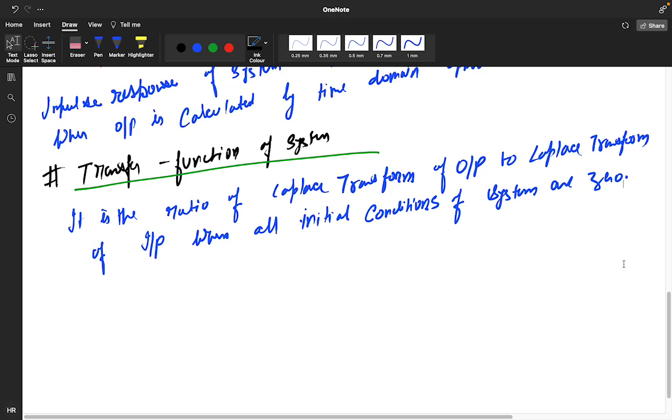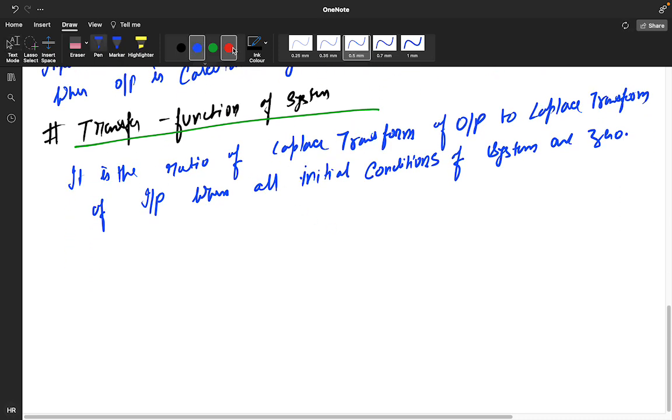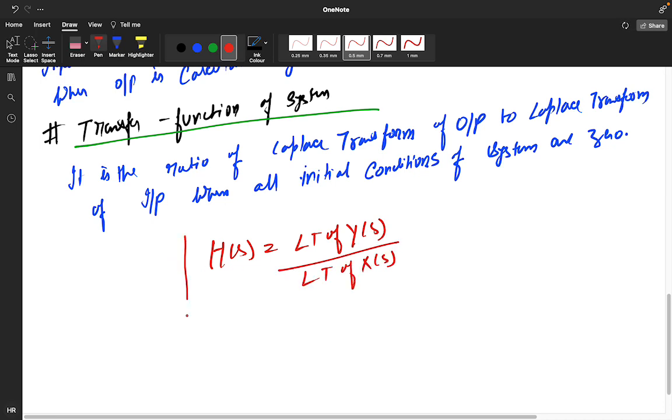Okay, so h of s is equal to the Laplace transform of y of s divided by the Laplace transform of x of s.